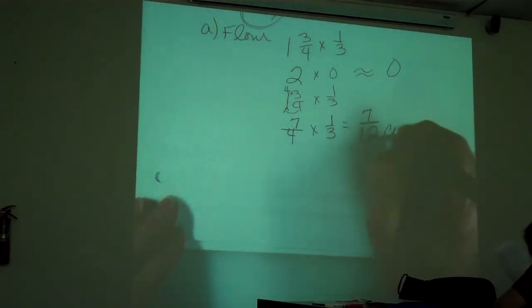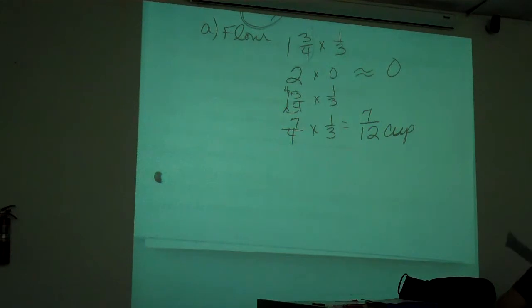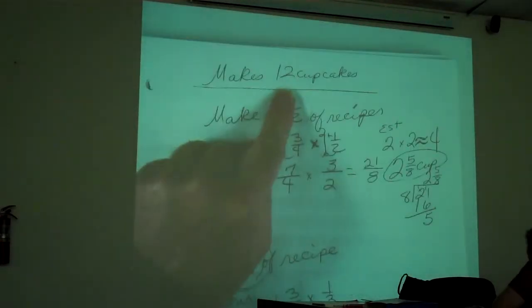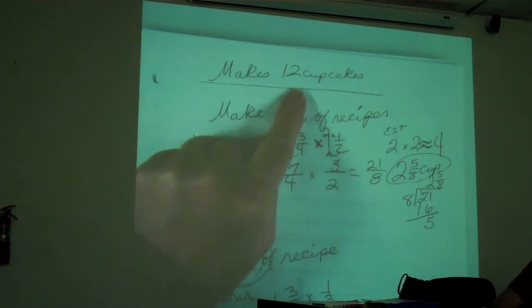So you could measure, like put half of a cup and just sprinkle a little more on there. If you have something that measures 1/12 of a cup, fine, but usually you're way better off when you make big recipes. I wouldn't even make 7/12 of a cup. You're only doing 1/3 of a recipe. What is 1/3 of 12 cupcakes? Divide it by 3.